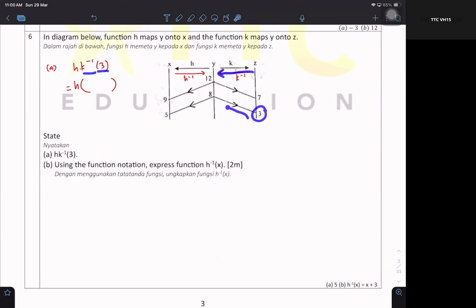So 3 from the right to the middle is 8. So 3 going through k inverse is 8. And then the 8 goes through h. h is from the middle to the left. So 8 from the middle to the left is 5. So the answer is 5.